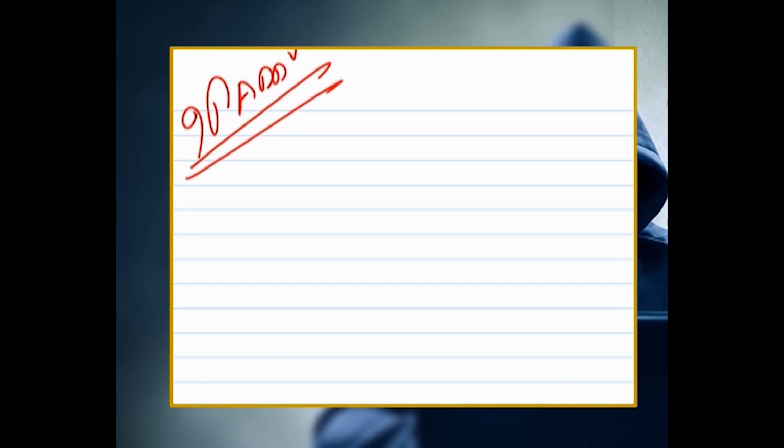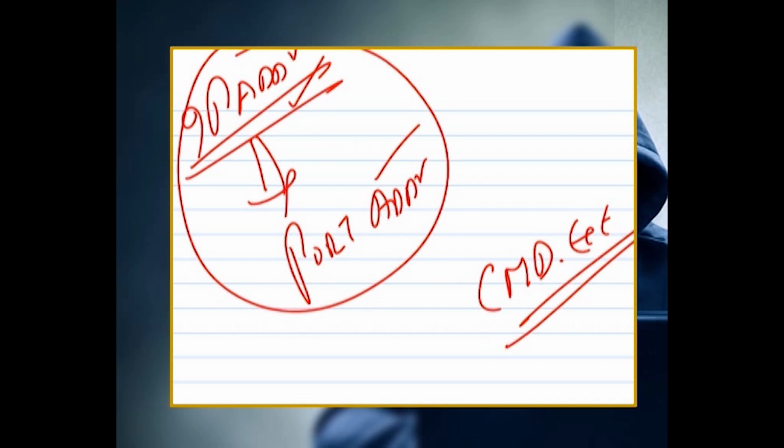See, each machine, when it is on the internet, it has an IP address, and through this IP address, machine exposes an application to the outside world, and that happens with the help of a port address. So, that means in combination with IP address, we have port address. Now, what I can do, I can bind my command.exe file with the IP address and port address of a machine.